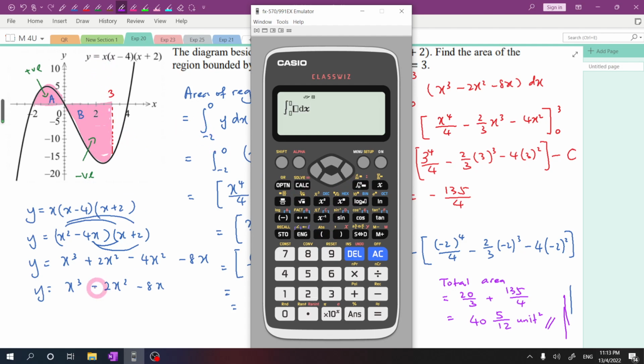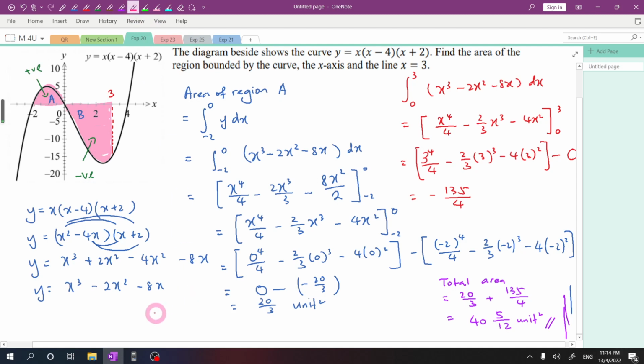Key in this whole thing, x power 3 minus 2x squared minus 8x, with the lower limit negative 2, upper limit 3. Let's see what answer we will get. We will get negative 325 over 12.